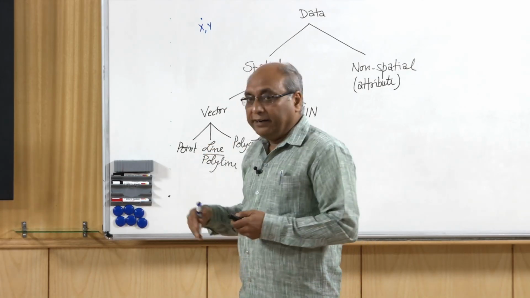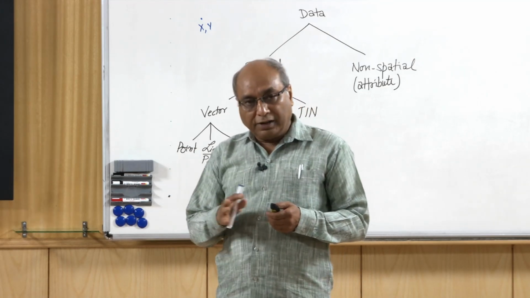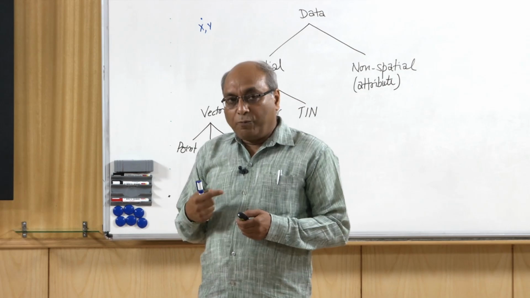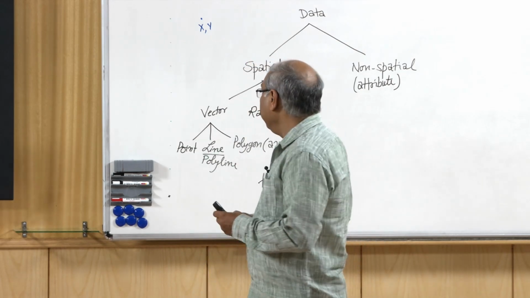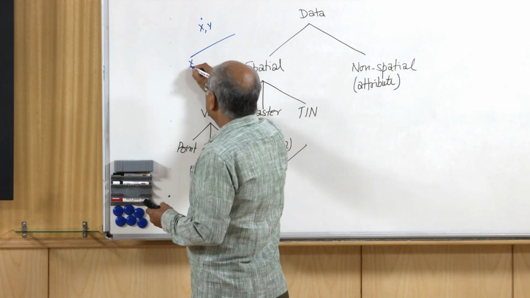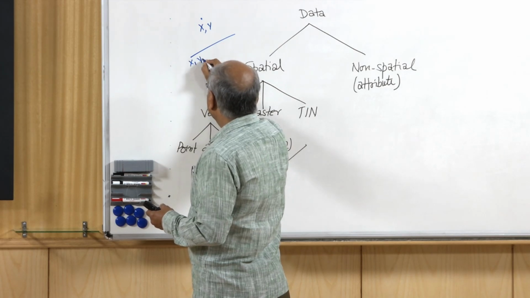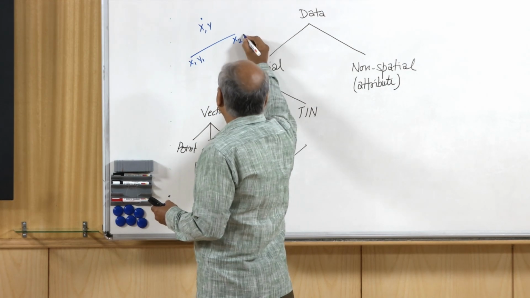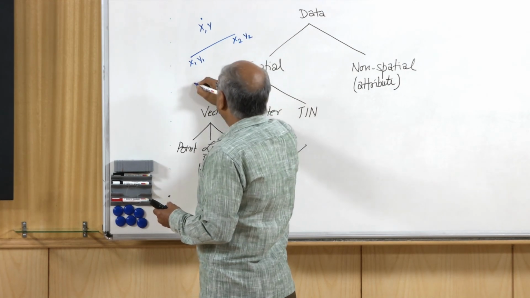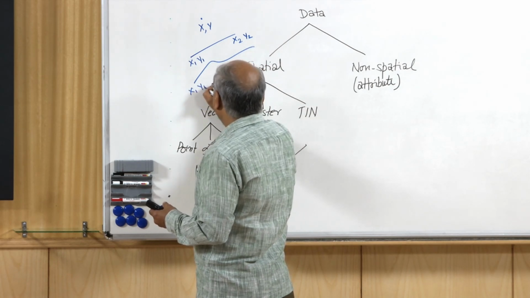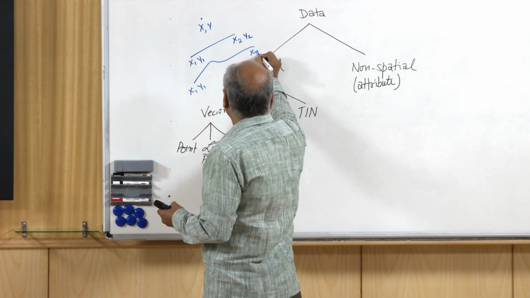The rest of the data, like maybe a Z value or some other values, may go as non-spatial or attribute values. So a point is a zero dimensional entity, whereas a line will have one origin x1 and y1, and if it is a straight line it will have x2 y2, but if it is a polyline then it will have a set of x1 y1 through xn yn.